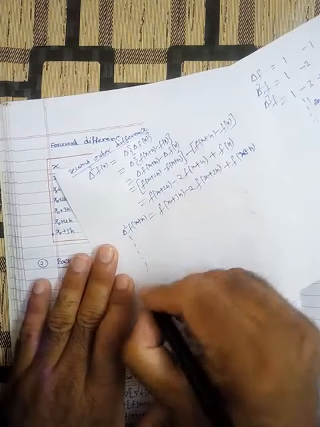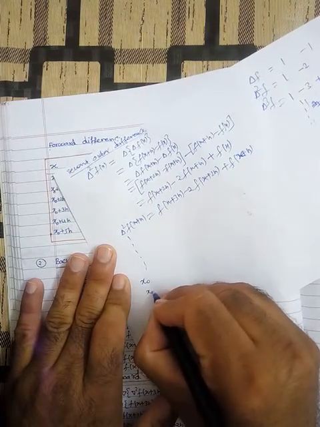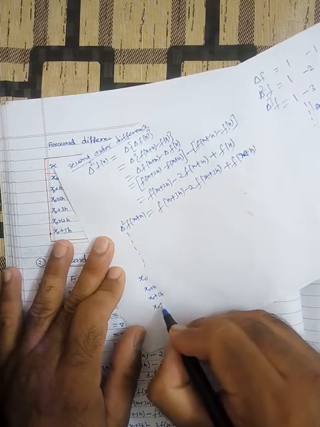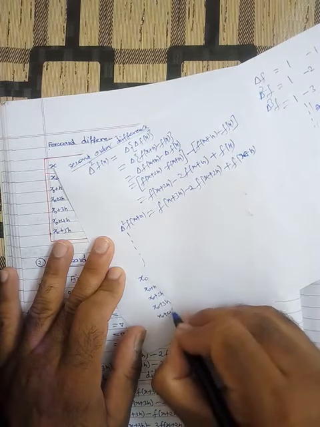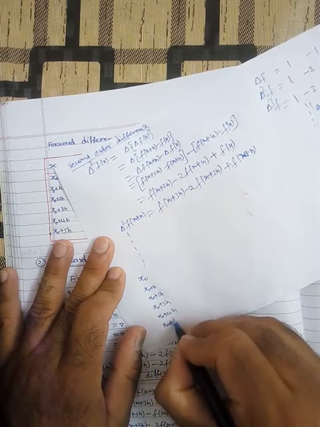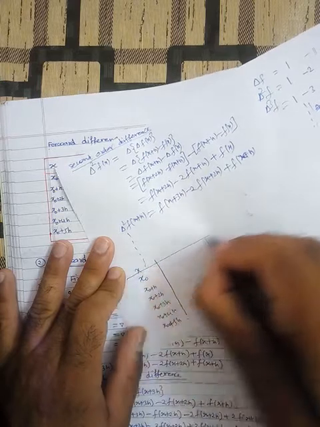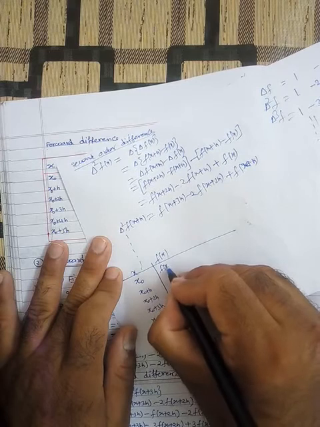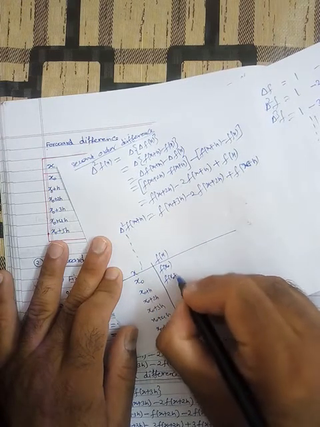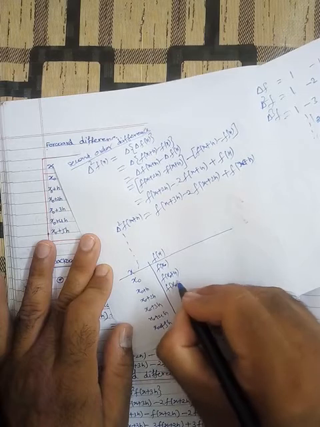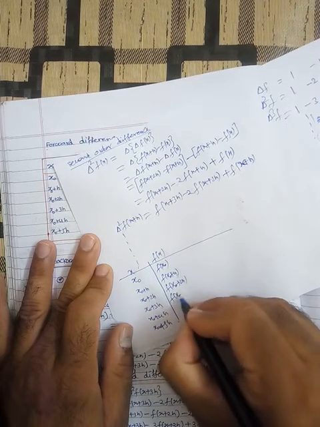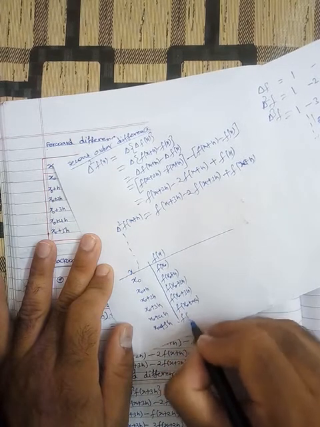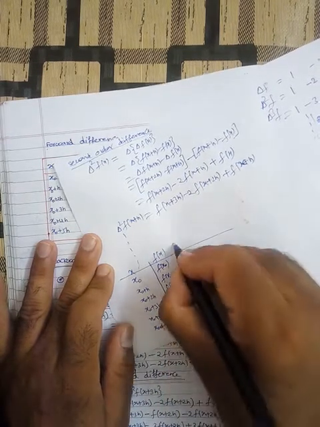Based on the values of x, we have f of x0, f of x0 plus h, f of x0 plus 2h, f of x0 plus 3h, f of x0 plus 4h, f of x0 plus 5h. So these are already given to you.